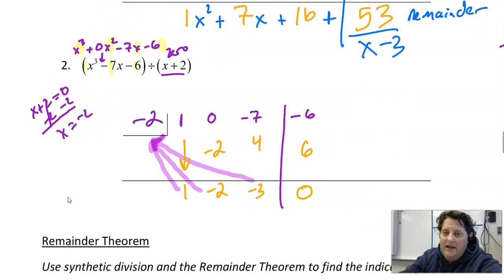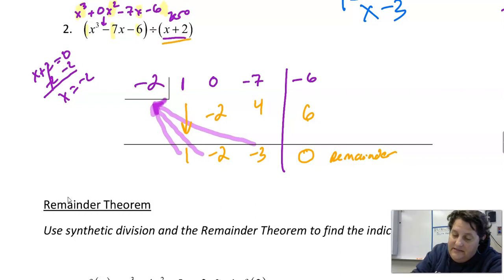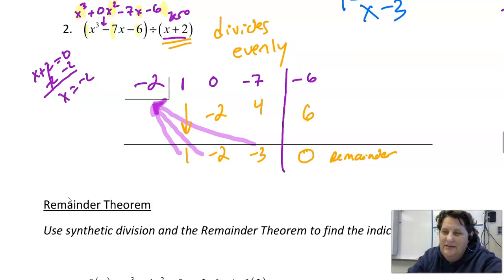Now that's actually kind of cool. When I get a remainder of 0, what that means is that this divides evenly. Okay, so that's the easy way to say it, is it divides evenly. Another thing, it tells me a couple of things that we're going to list out over here.